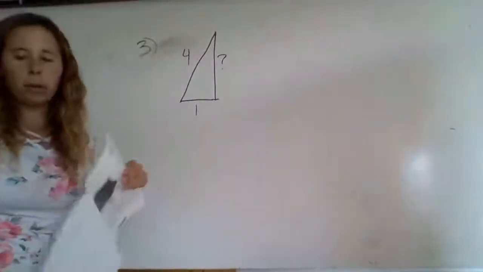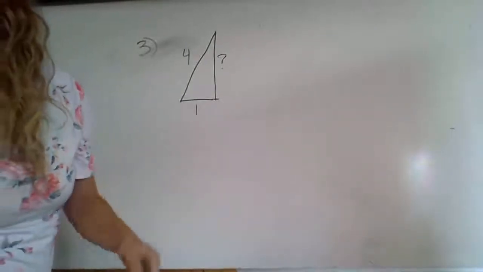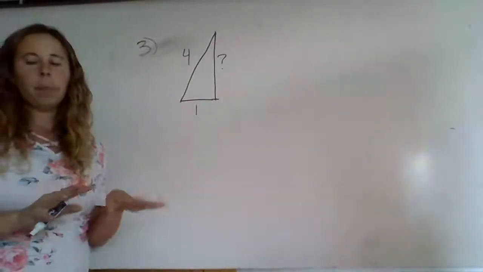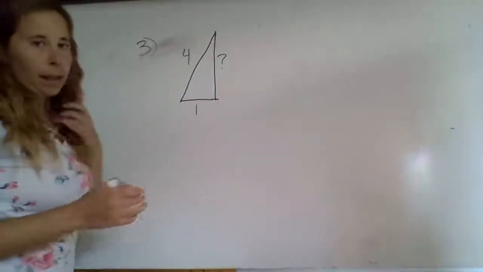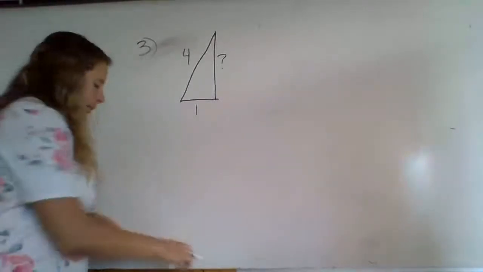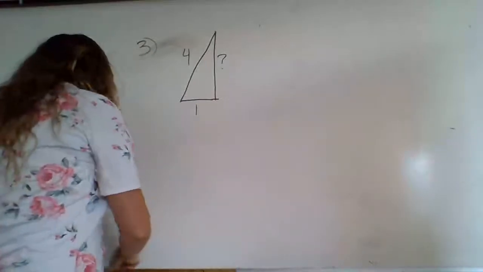Okay, let me do number 3. So number 2, you're doing the same thing as number 1. You're trying to find the hypotenuse, the longest side. You were trying to find C. All right, let me rewrite my theorem.